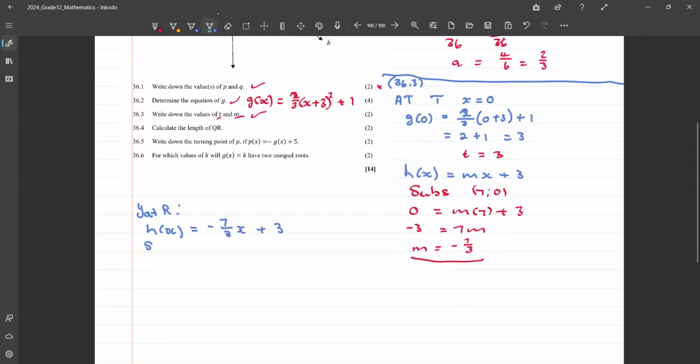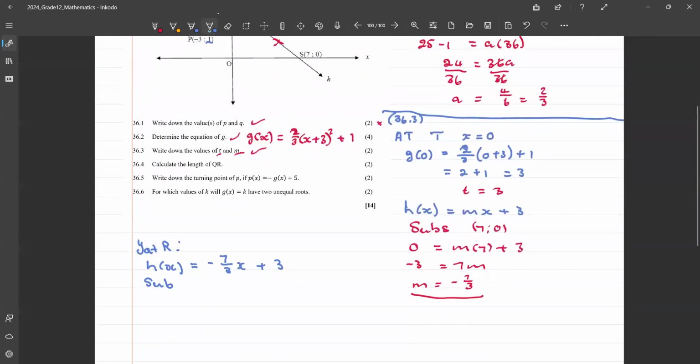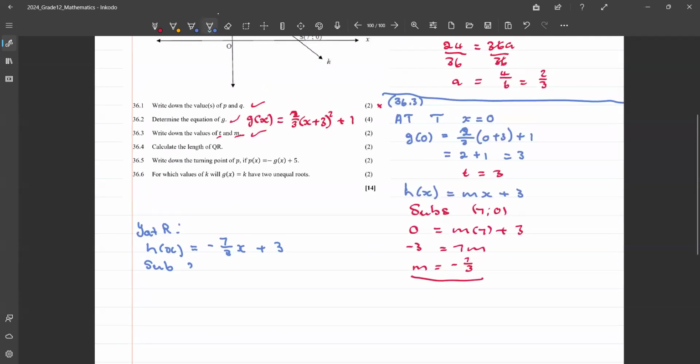All we do is substitute the x coordinate from q down to r. So we substitute x equals 3. From here, we get h of 3 equals negative 7 over 3 into 3 plus 3. 3 times negative 7 over 3 gives negative 7, plus 3, which then gives us negative 4.